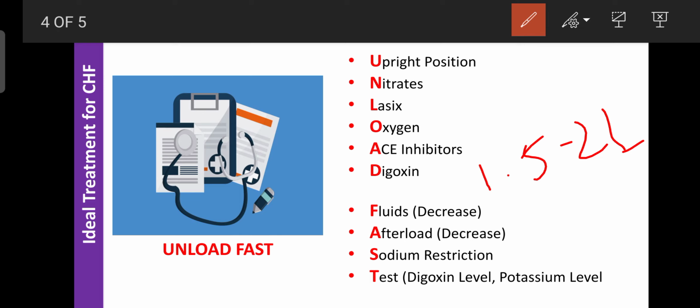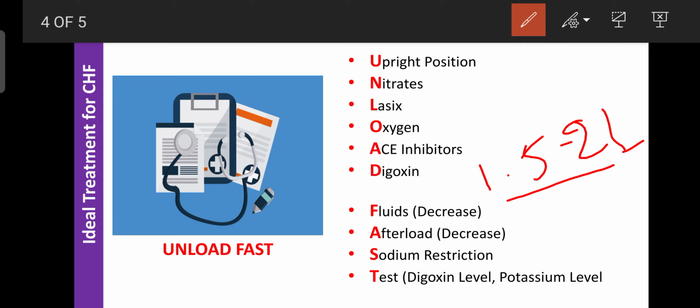But if a person has congestive heart failure, or pain in the chest or left arm, you can control the fluid intake and advise them to take only 1.5 to 2 liters per day, because if the fluid intake is more, the blood volume increases. If the blood volume increases, automatically the preload or overload on the heart increases. That is also responsible for further causing congestive heart failure. So you advise them to take fluid 1.5 to 2 liters per day.